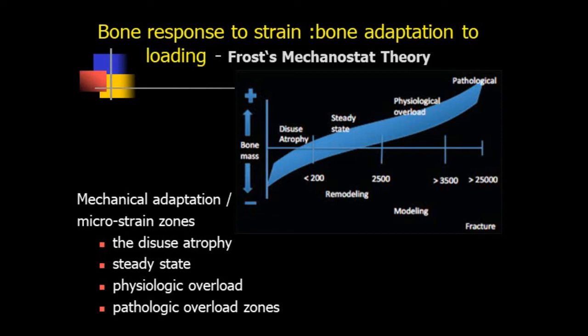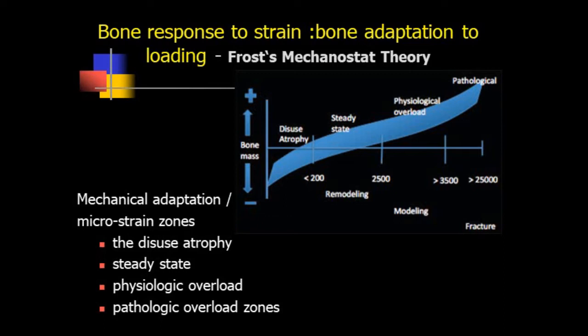So there are 4 microstrain zones, that is the disuse atrophy, the steady state, physiologic overload and pathologic overload zones. So whenever there is a strain that is perceived by bone tissue, it initiates a chain of events that results in a biologic response, and it is usually the bone cells along with the extracellular matrix that comprises the strain sensitive population.